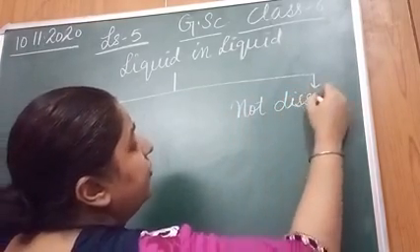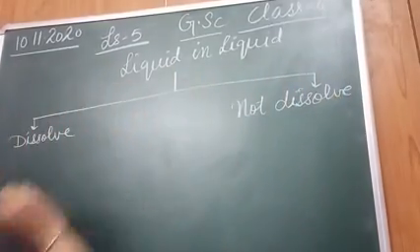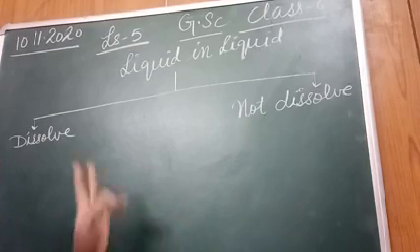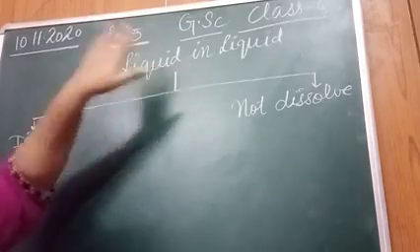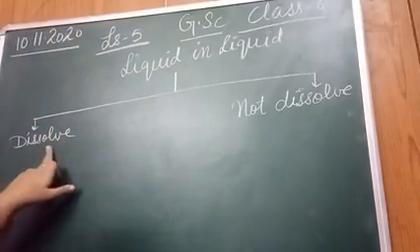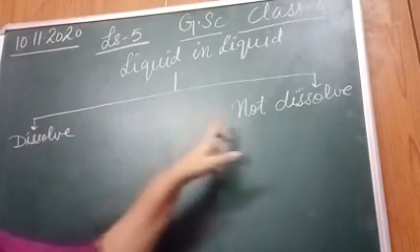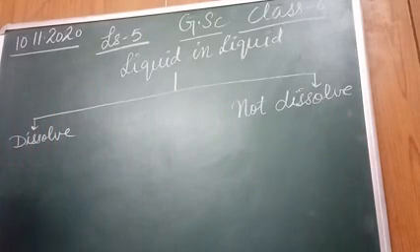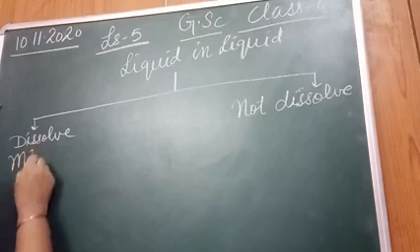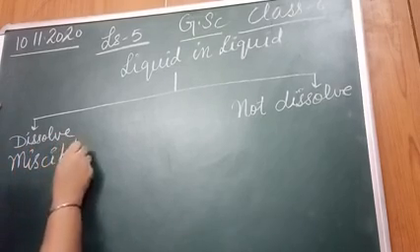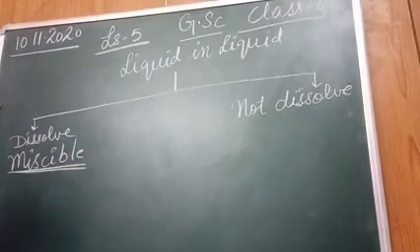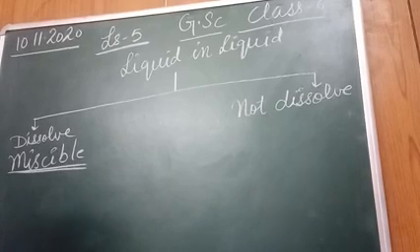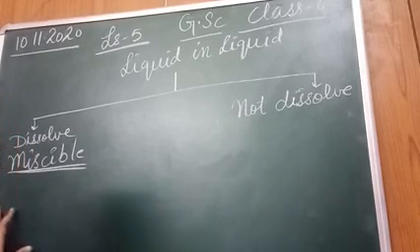right? Earlier, when one component was solid, we had to dissolve it in the liquid. Now in this case, we have both the components as liquid. 2 conditions again arise. In one case, it may dissolve. In the other case, it may not dissolve. So, the liquids which dissolve in other liquids are known as miscible. Whenever the word miscible is used, it means we are talking about liquid mixtures, in which solute and solvent both are liquids, right?